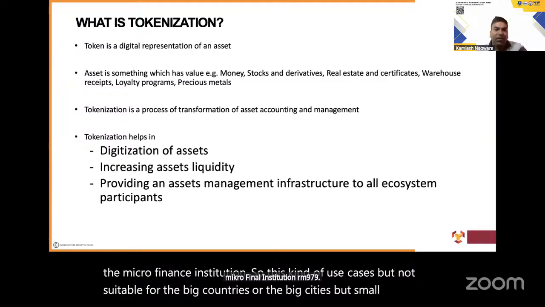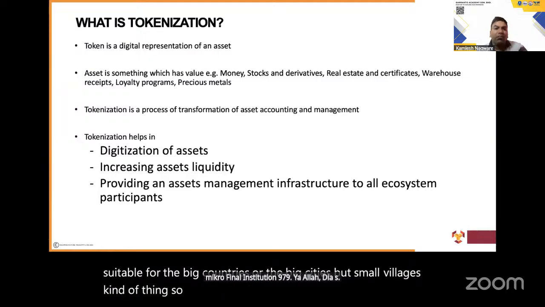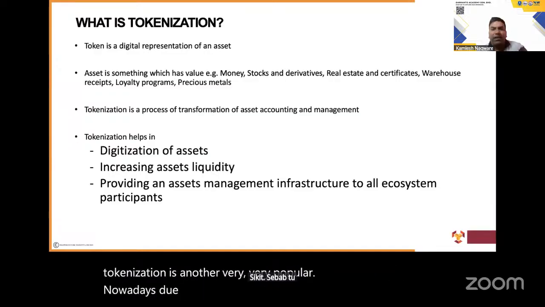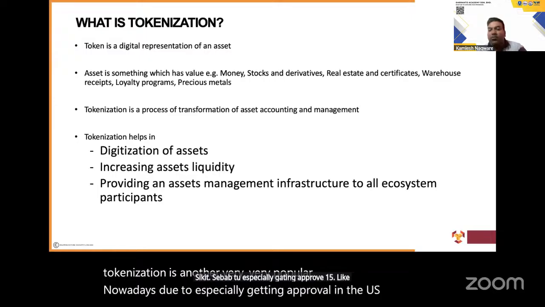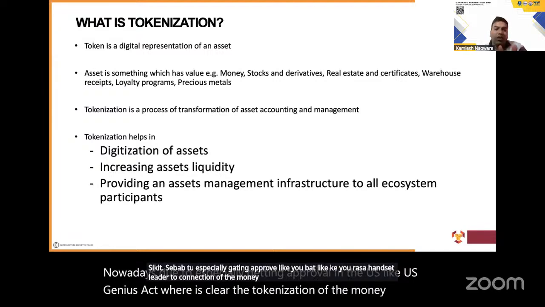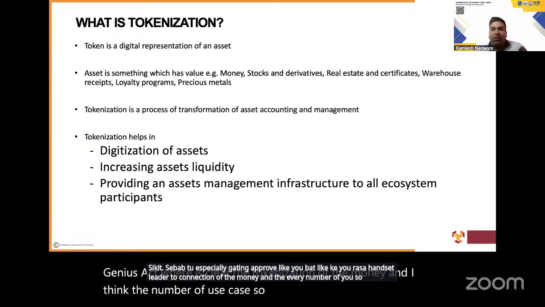Now these are some use cases, but tokenization is another very popular one nowadays, especially due to getting approval in the US, like the US GENIUS Act, which clarifies the tokenization of money, and I think a number of use cases. Tokenization is a way of digitally representing an asset, and that asset could be anything.